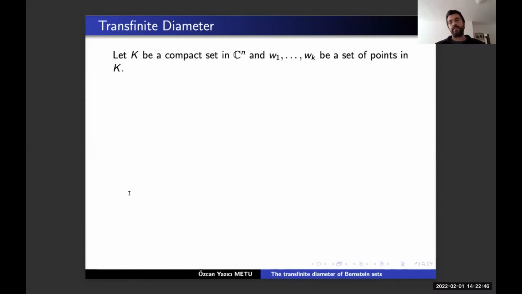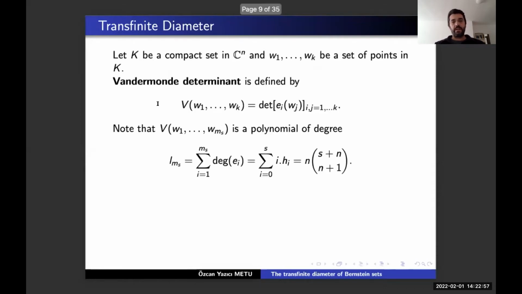Now we define the transfinite diameter. We take arbitrary points, k points, w1 up to wk, and define this one-dimensional determinant. This determinant is basically the determinant of the matrix given by the monomials evaluated at the points wj.